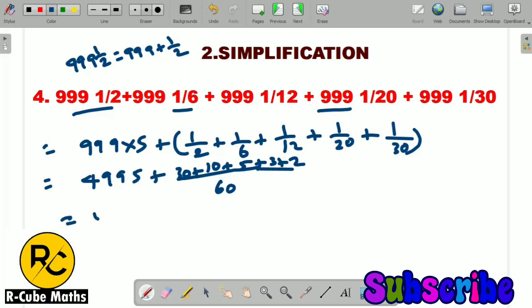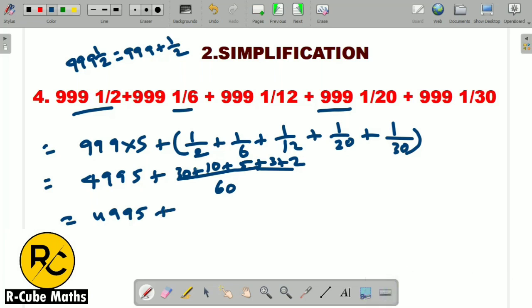So that is equal to 4995 plus 30 plus 10, 40, 45 plus 5, 50. So 50 by 60, the 0 will be cancelled, we get 4995 5 by 6, the required answer.